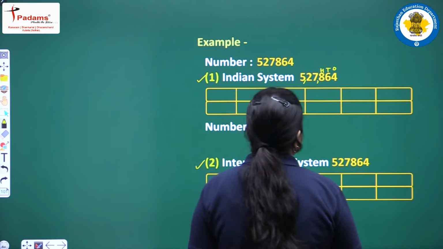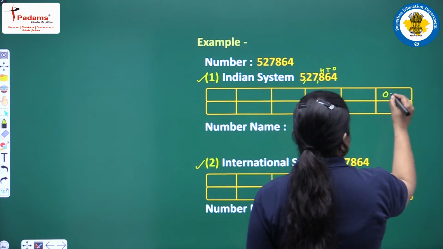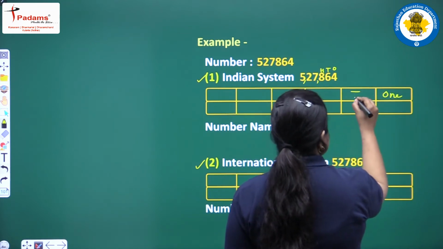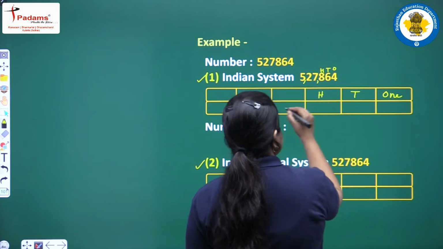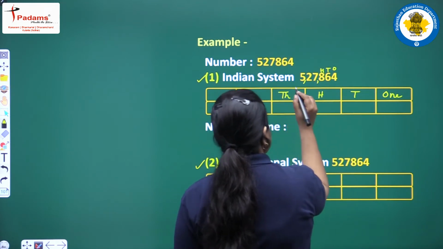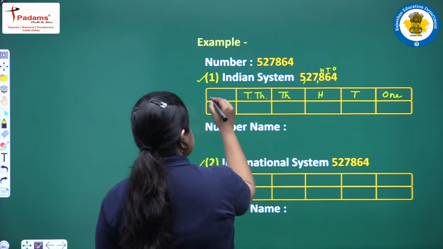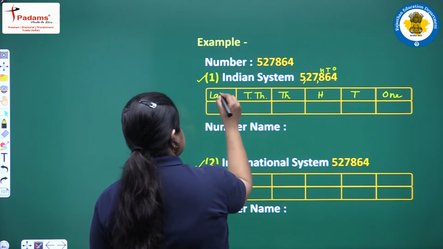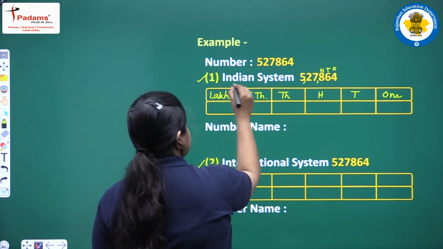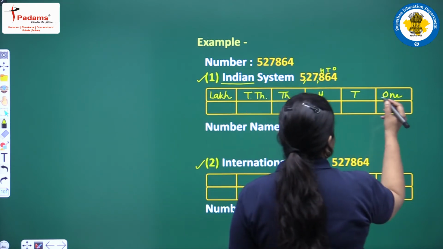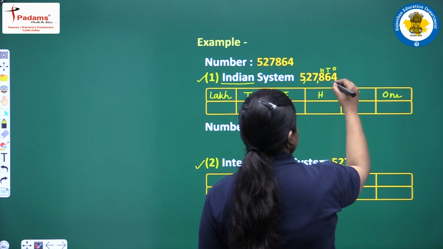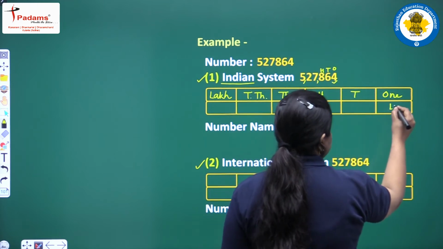Let us write down the place values. We have ones, then tens, then hundreds, then thousand, then 10,000, and then we have lakh according to Indian system. Then let us fill up the digits. 4 is at ones place, so 4.